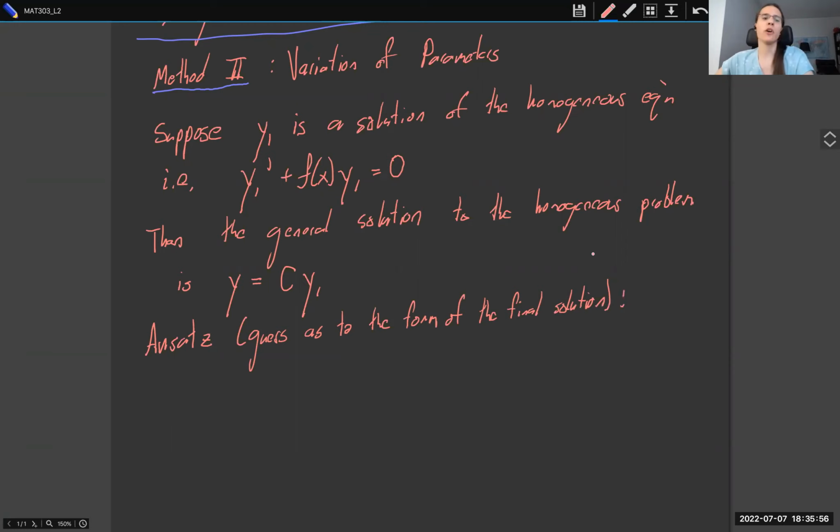What we're going to do is say, well, if some constant multiple of y1 solves the homogeneous equation, maybe if we replace the constant, which is just a number, with a function, maybe that will solve the general equation.